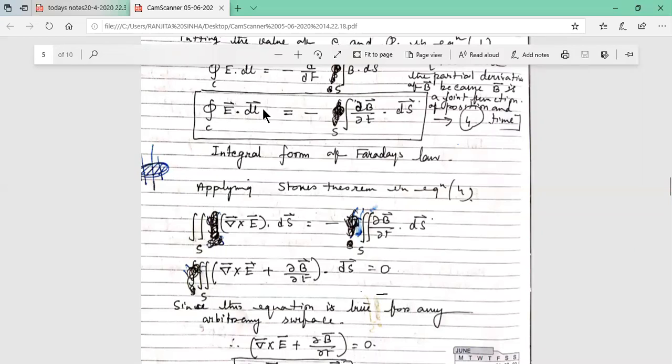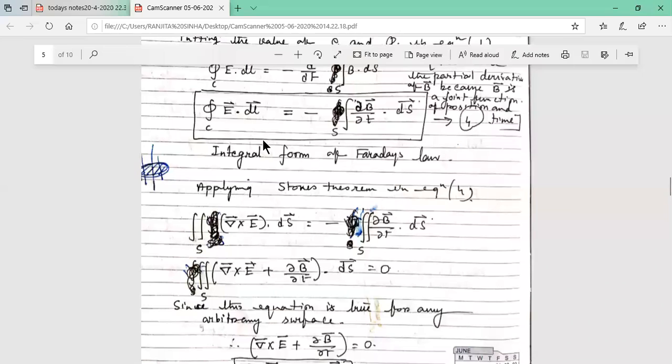E dot dl is written as curl of E dot ds. The left hand portion becomes the surface integration of curl of E dot ds.